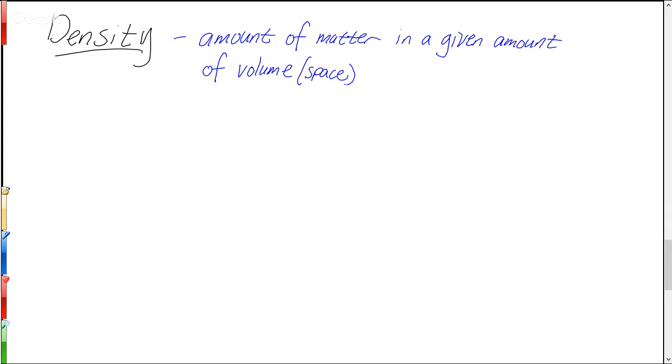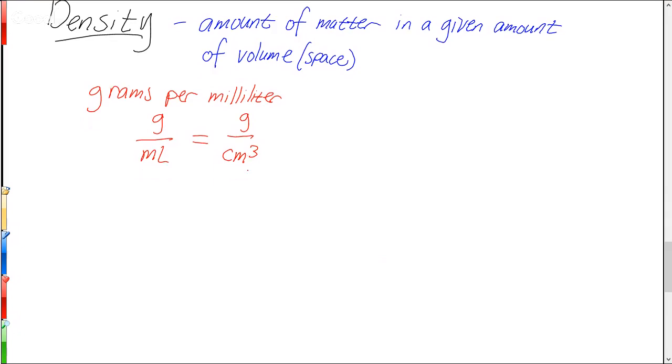The general way to express this is grams per milliliter. So that's grams over milliliters. Or grams per cubic centimeter. Have you heard of a cubic centimeter or a cc? Yeah. So that's the same as a milliliter. It works like this.